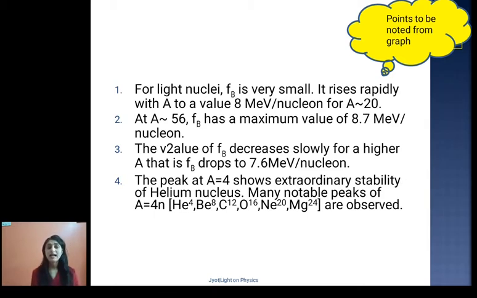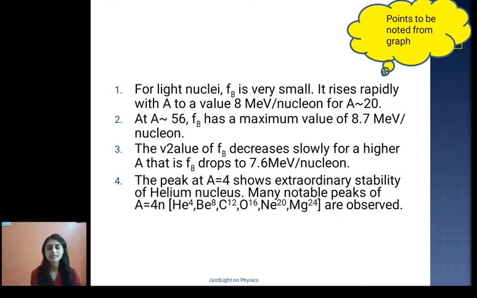At A approximately 56, which is iron, Fb has the maximum value 8.7 MeV. The value of Fb decreases slowly for higher A, and it drops to 7.6 MeV per nucleon.